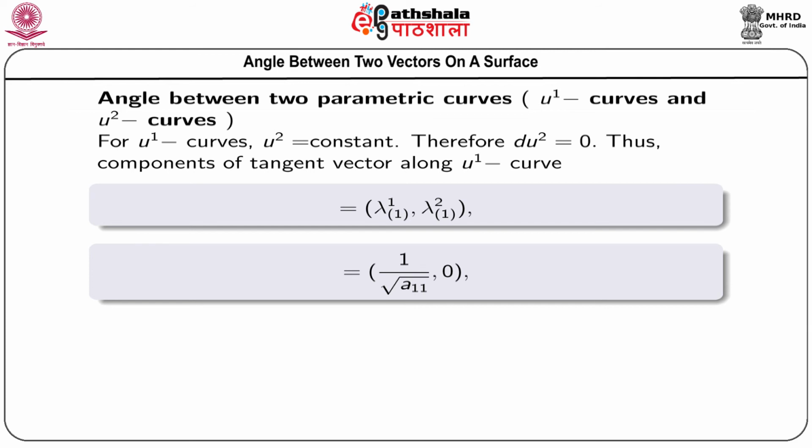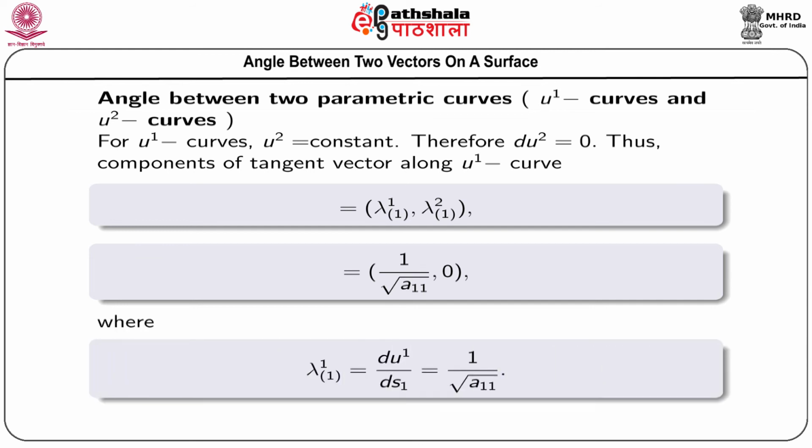So, the components of the unit tangent vector along U1 curves is 1 by root a11 comma 0. Just as I have mentioned, lambda 1 equals to du1 ds and that is equals to 1 by root a11.